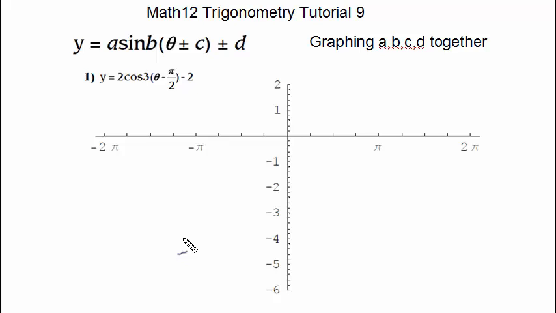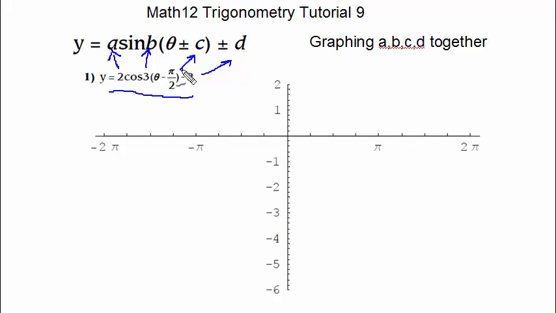Let's see, how do we actually draw these things here? Okay, let's try to understand. This is our A equal to 2, right? B equal to 3, and C equal to pi over 2, or negative pi over 2 if you like to say it, and D equal to negative 2. Okay, we have A, B, C, D together. And how do we actually draw these things?